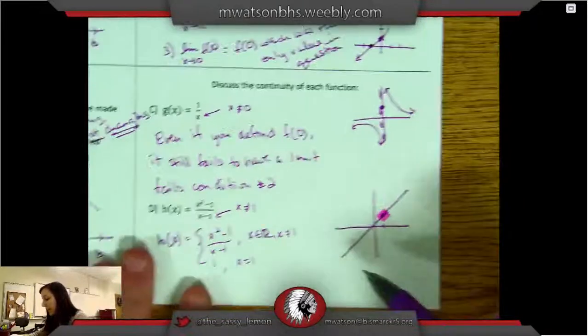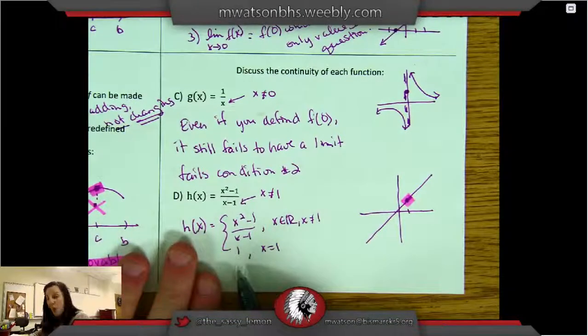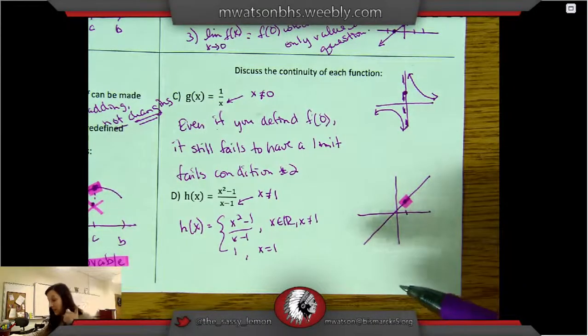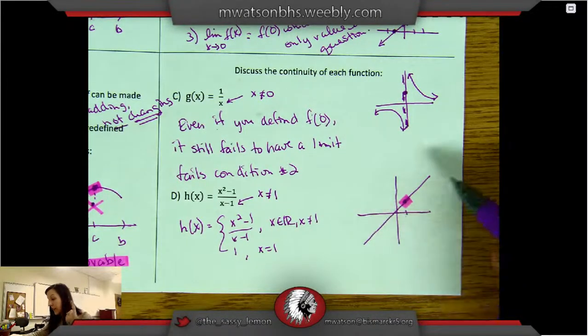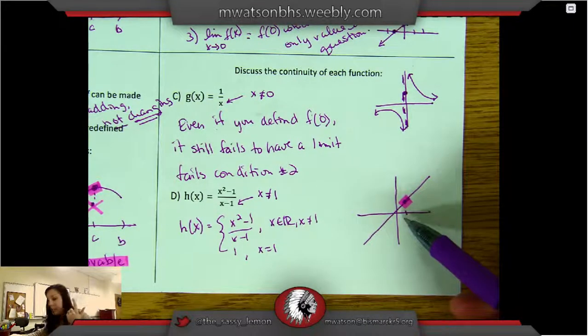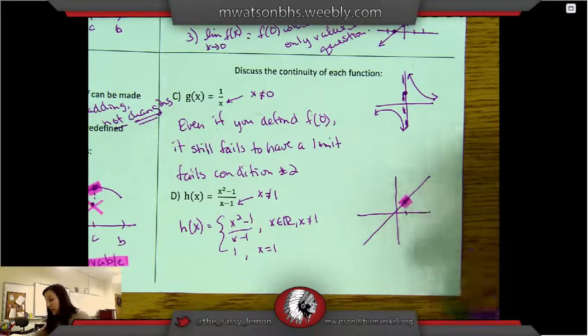Okay, so back to this. We've redefined it so that all three conditions are met. F of c exists. The limit of f of x as x approaches 1 exists. And the limit and the function are both the same value because we filled in that hole.